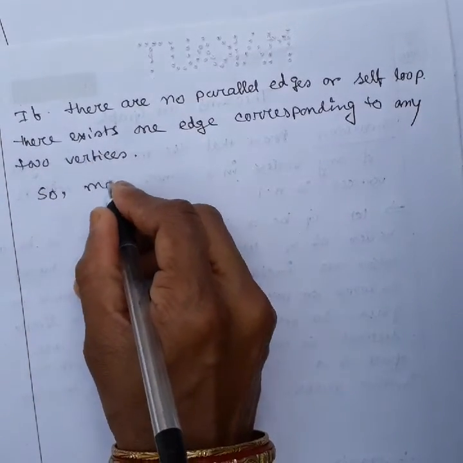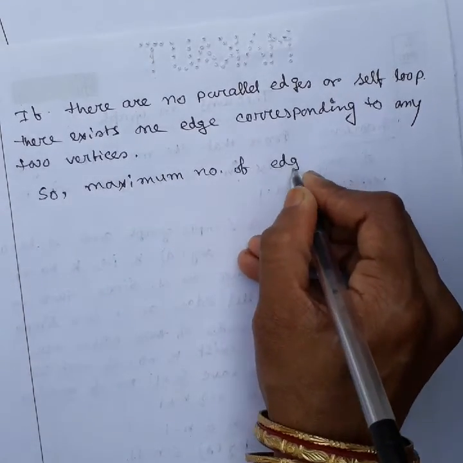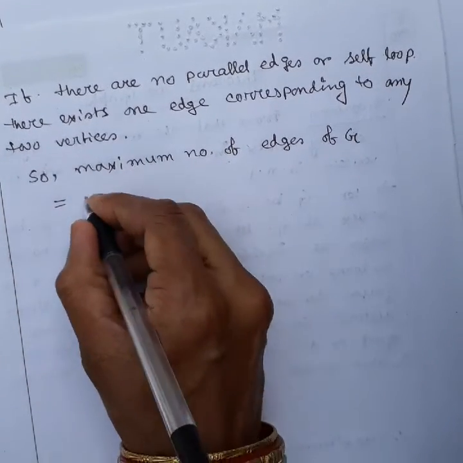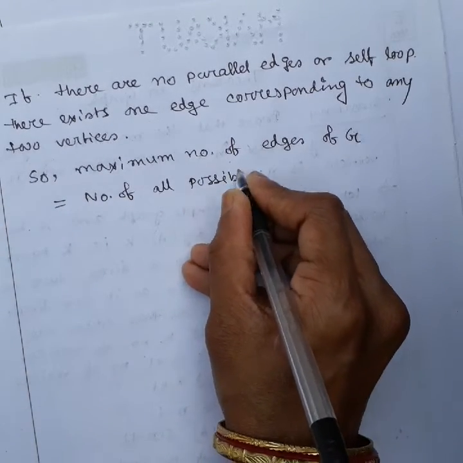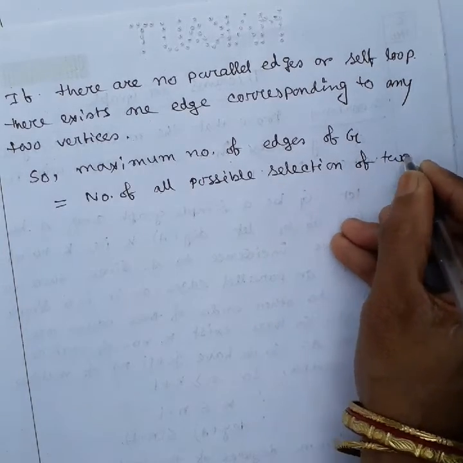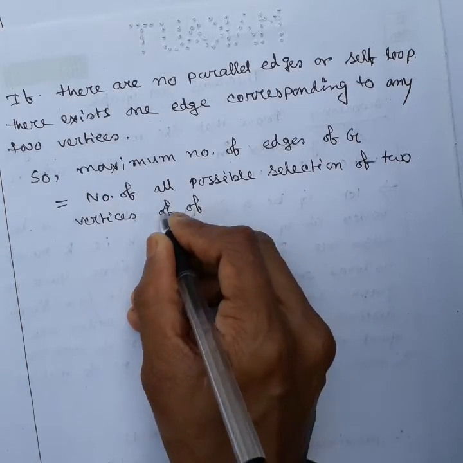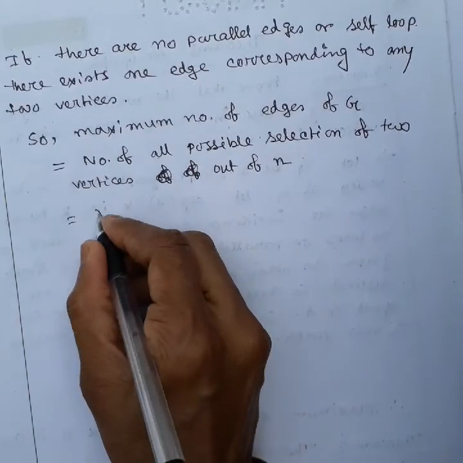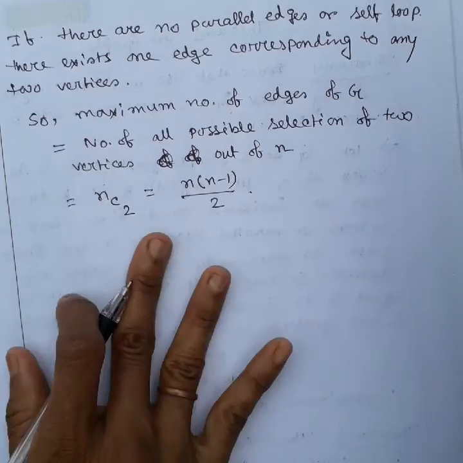So the maximum number of edges of G is equal to the number of all possible selections of two vertices out of n, that is nC2, which is equal to n into n minus 1 by 2.